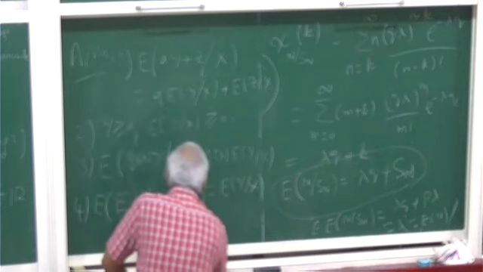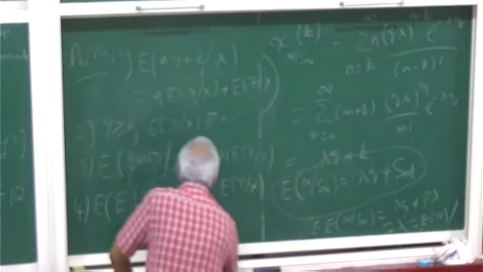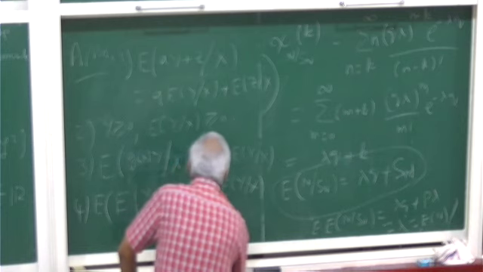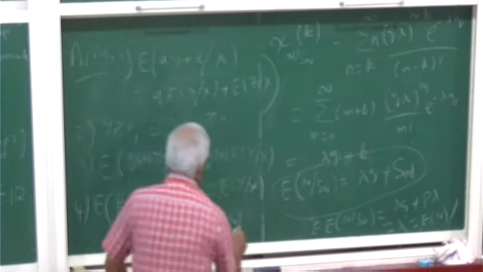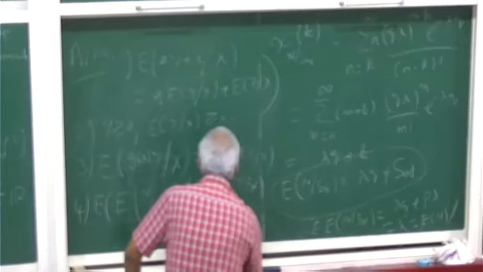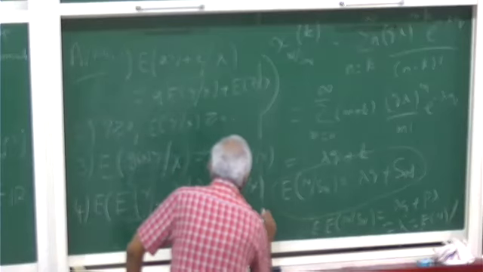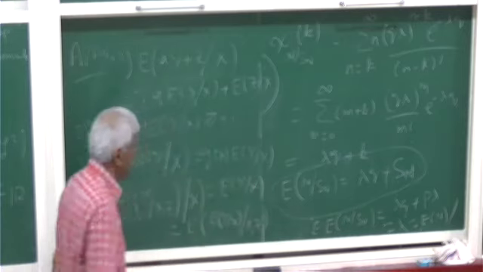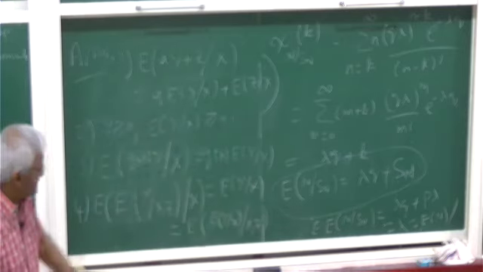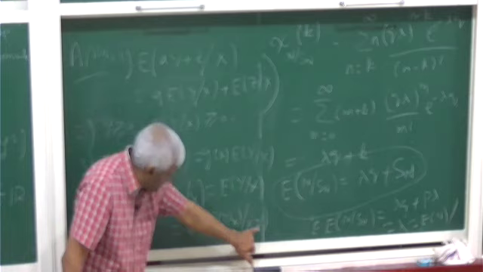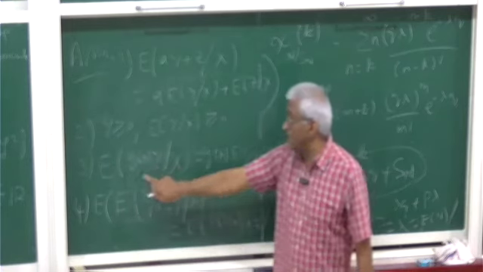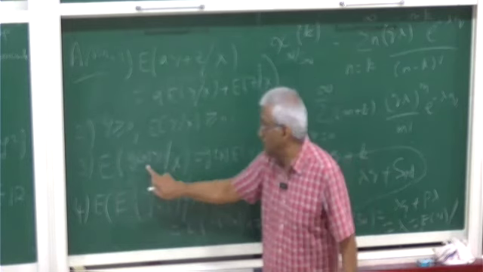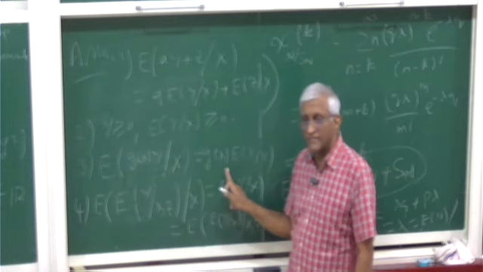This one, E of y given x, is a function of x. So then you take x and z, and you should get the same thing, since it is already a function of x, and so a function of x and z also. In particular, if there is no y here and you have a function of x, E of g of x given x is just g of x.